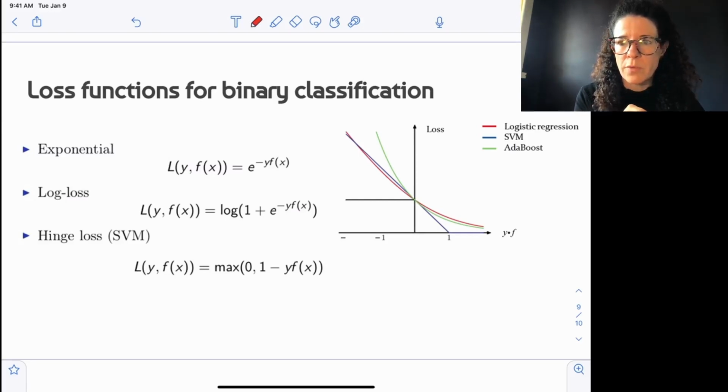So this will work for anything. And the hinge loss is the function that is used for SVM. So these are all possible loss functions for binary classification. The main point I wanted to make here is that the exponential loss function is most likely going to concentrate too much on these outliers, and in most cases we prefer using the SVM loss function or the log loss function. Okay, thank you.